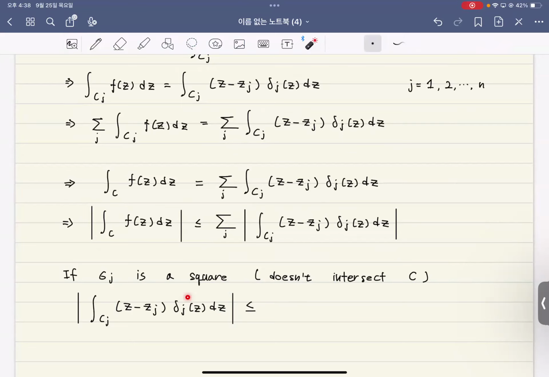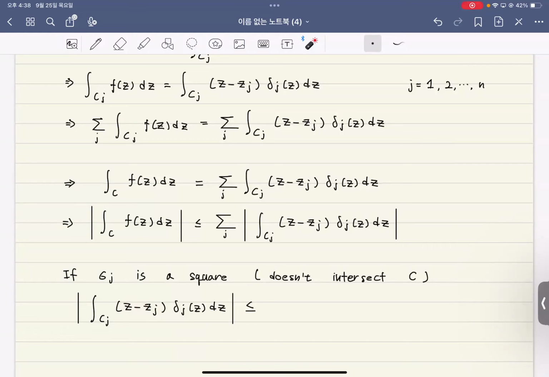we know the magnitude of this number is less than or equal to epsilon, right? And also we know that this number does not exceed square root of 2 times the length of the square. So why?